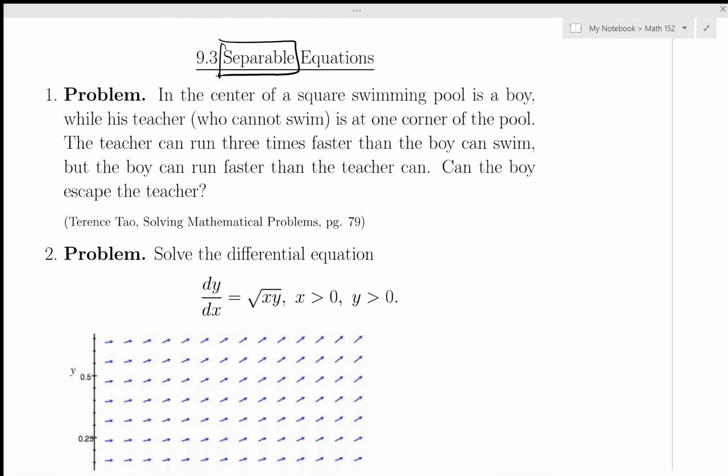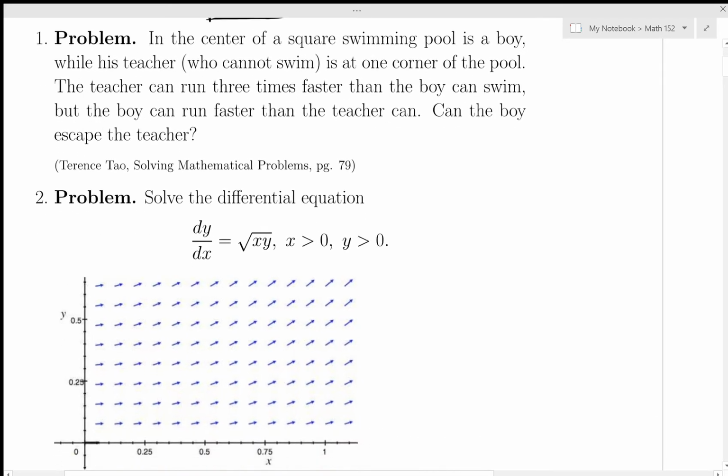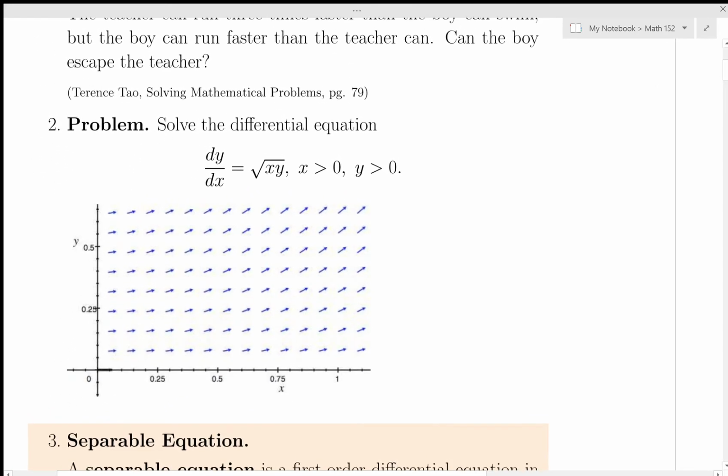Okay, first let's review a few things. We have a differential equation that we're going to solve, but what we want to look at here is the slope field. We also call this a direction field, and we want to make sure we understand how it comes about. Take one of these dashes on the slope field, like this one right here. That is a small line which has a slope.